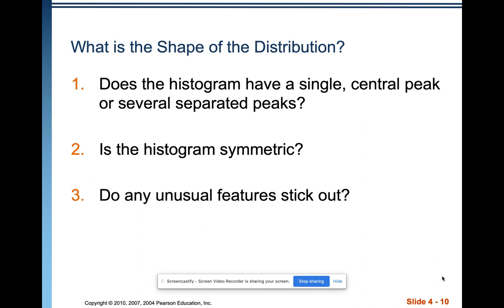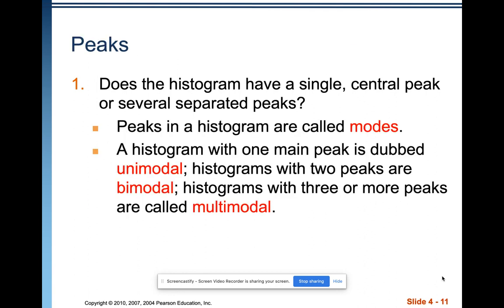One thing you want to know is, is the histogram symmetric, or does it have some other shape which we'll call skewed? And do any unusual features stick out? So peaks. Does the histogram, and we're just going to use histogram, it is true for stem and leaf displays and dot plots also, have a single central peak or several separated peaks?